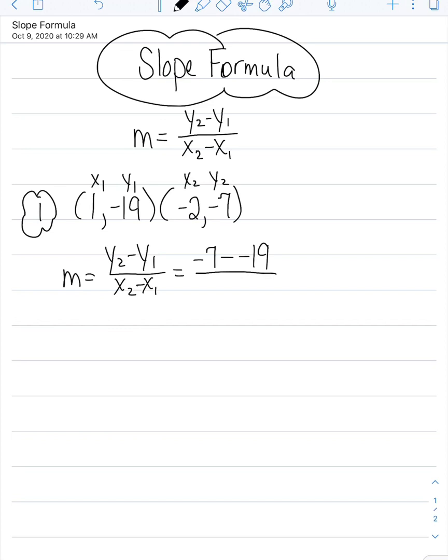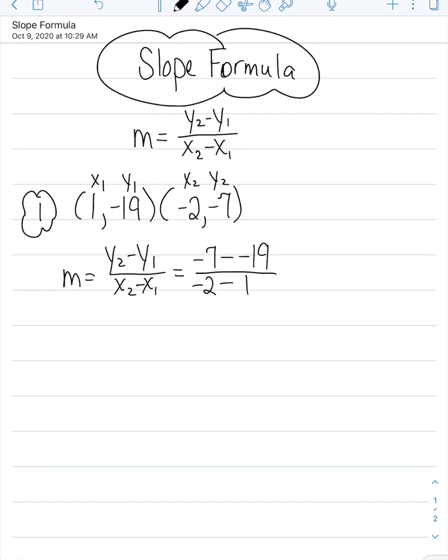Please do not drop either of those minus or negative signs. Now let's do the bottom: x2, which is negative 2, the second x, minus the first x, which is 1.